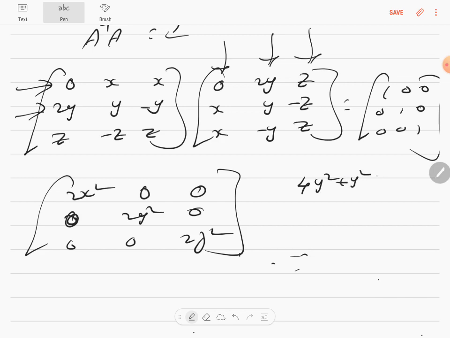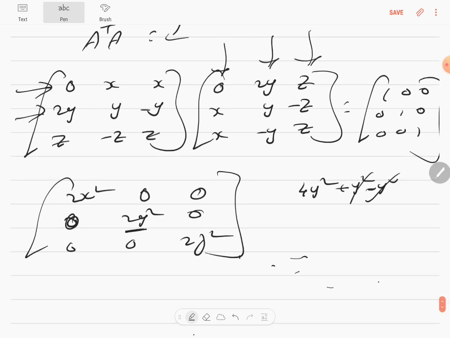It's 2y and 2y is 4y square. A y and a y is plus y square. And a minus y and y is minus y square. I'm still getting a 4y square. What's the mistake I'm doing?